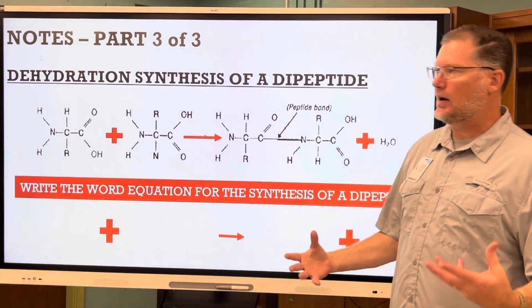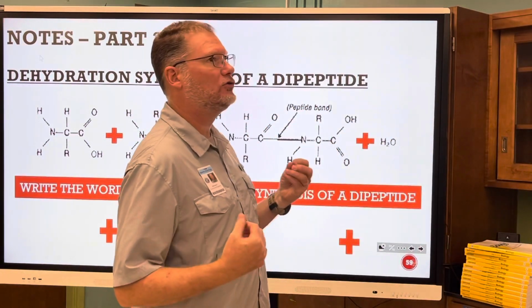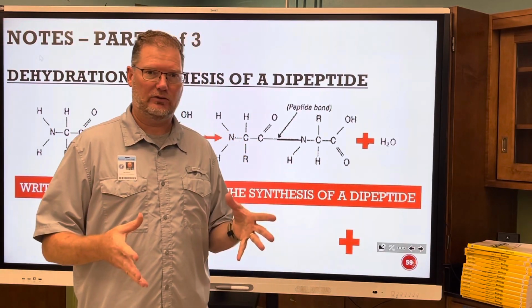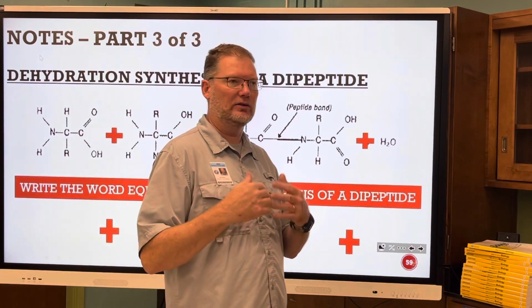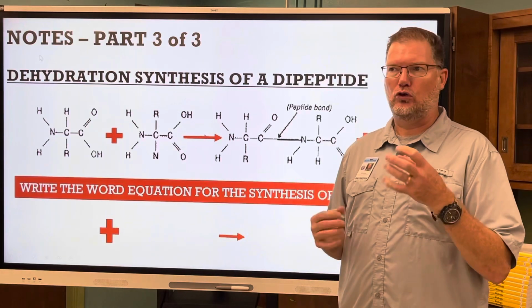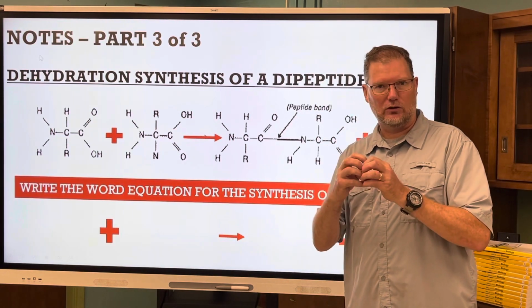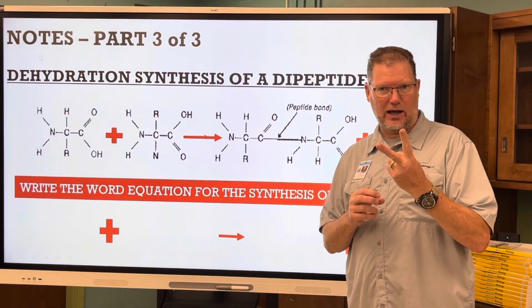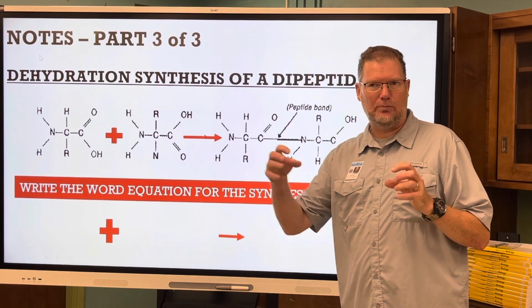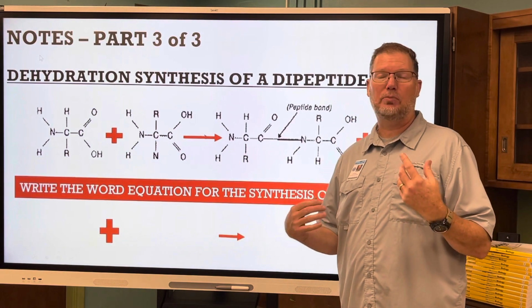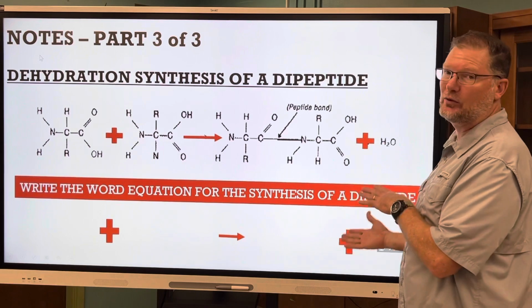And we left off talking about proteins and peptide bonds and two amino acids coming together to make a dipeptide, and then multiple dipeptides coming together to make a polypeptide. And this is how it's done.